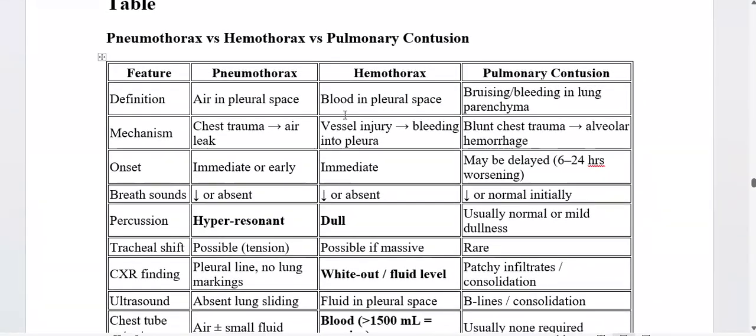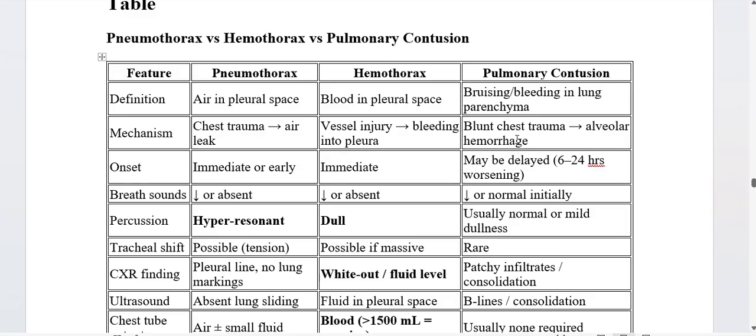We have to differentiate between pneumothorax and pulmonary contusion. That is very, very important. Pneumothorax is air in the pleural space, hemothorax is blood in the pleural space, and pulmonary contusion is bruising and bleeding in the lung parenchyma. Mechanism of hemothorax is vessel injury with bleeding into the pleural space, while contusion is from blunt trauma with alveolar hemorrhage.